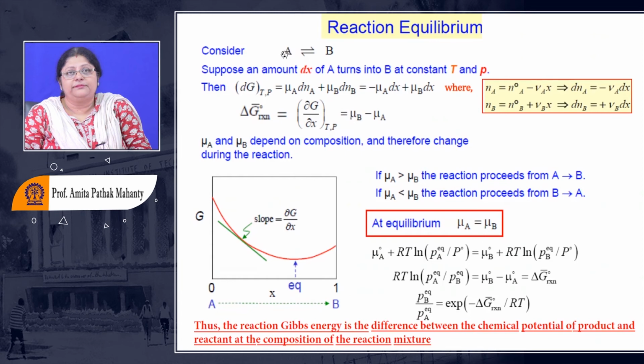Here, the stoichiometric coefficient of A is 1 and of B is 1. When I'm writing here, I have taken the stoichiometric coefficient of A as minus 1 and B as plus 1. Right? That is how you write delta G, product minus reactant.